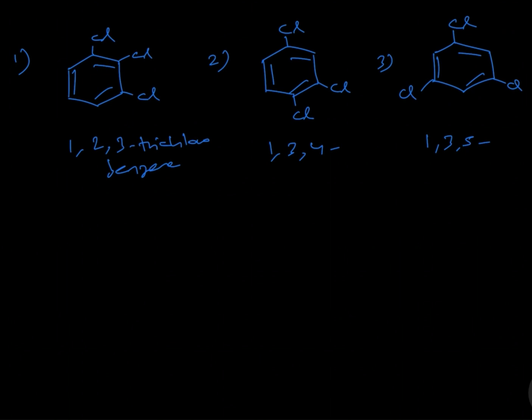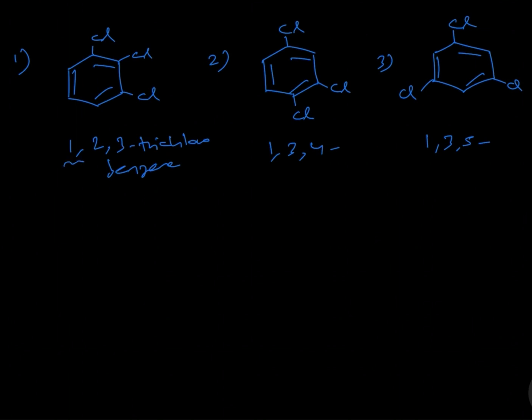They are not ring chain isomers, they are definitely position isomers, because the parent chain here is benzene, that is the parent carbon skeleton, and 2 of the substituents are attached at the same position 1 and 3.